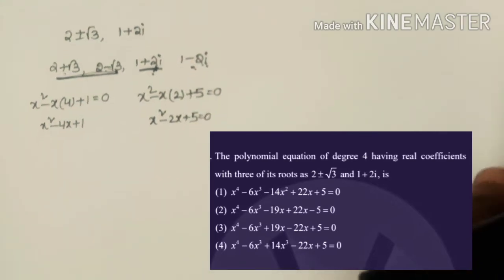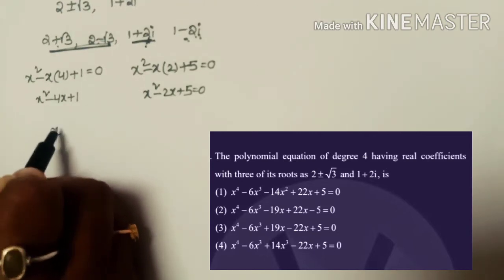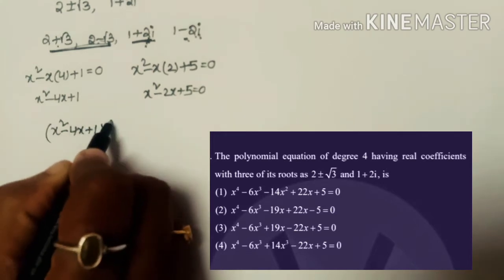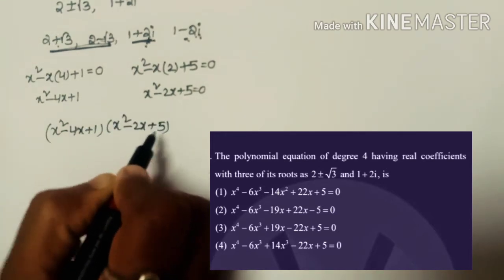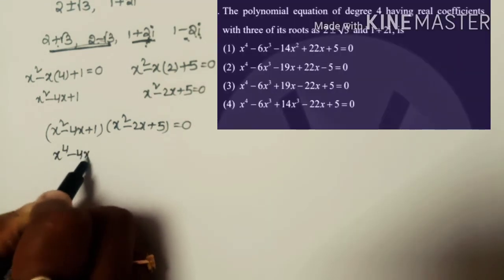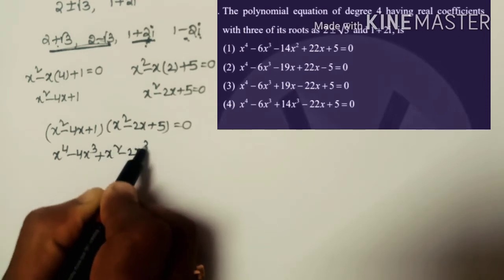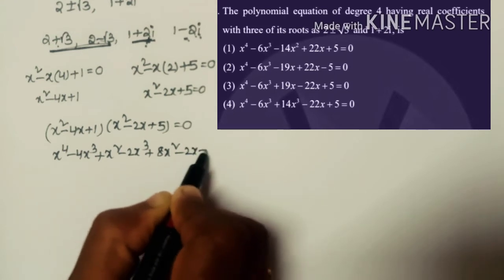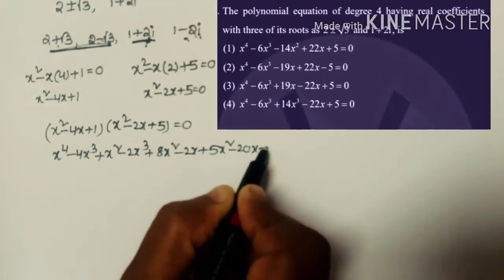Now to find the polynomial equation, simply we take the product of these two equations, that is (x square minus 4x plus 1) into (x square minus 2x plus 5) is equal to 0. Now taking the product here, x power 4 minus 4x cube plus x square minus 2x cube plus 8x square minus 2x plus 5x square minus 20x plus 5 is equal to 0.